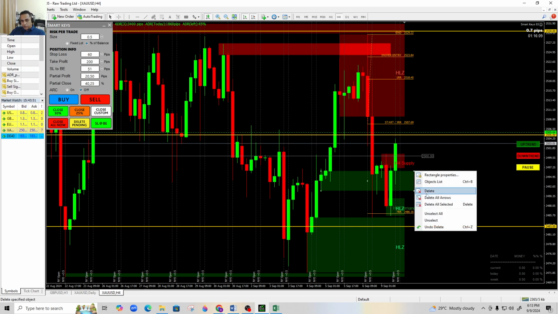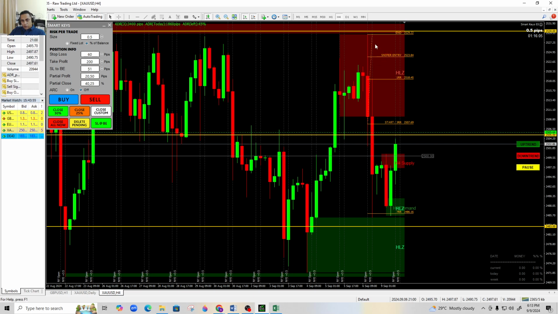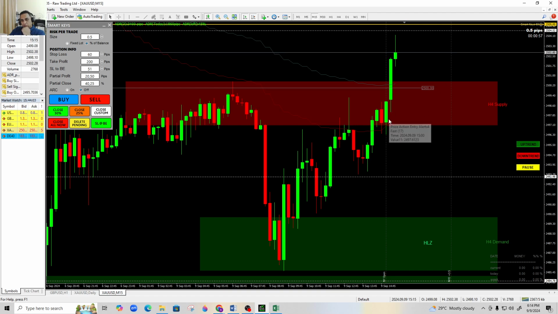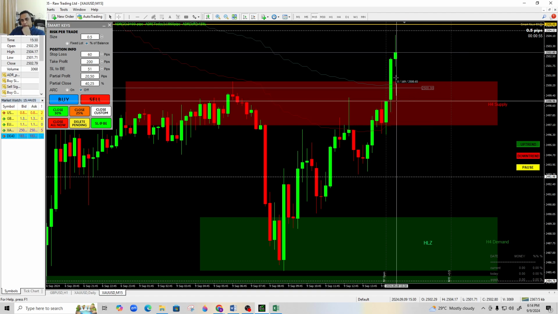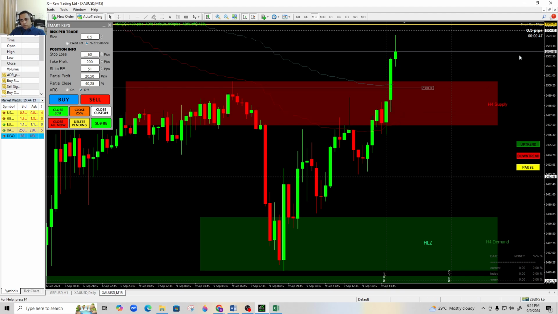Okay, so what's happening with our trade? Let's get rid of all of this. Price is closed above. Price moved 52 pips from that M15 candle. Let's see what happens.